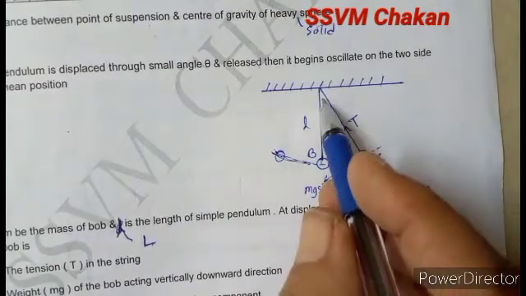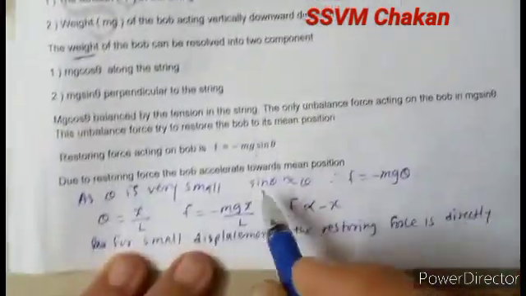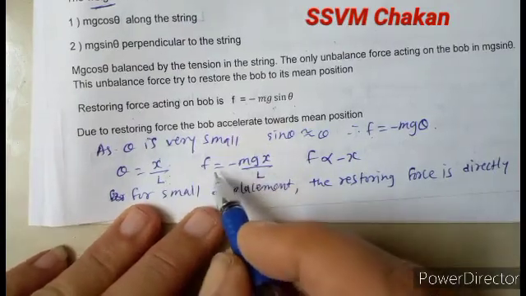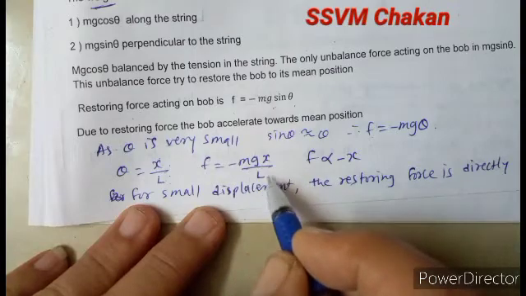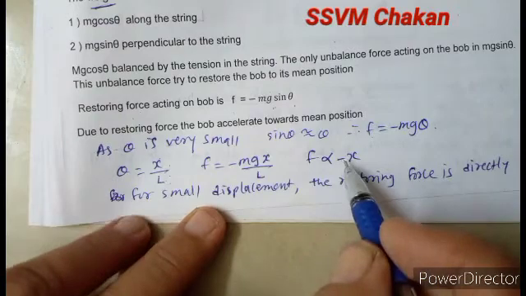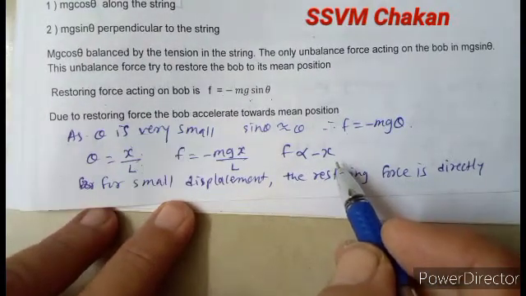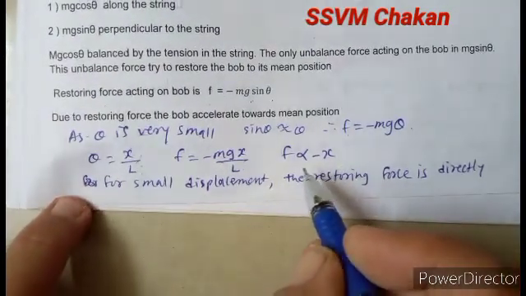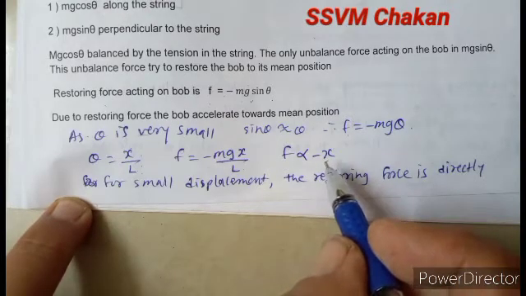Here the radius is the length L. So theta equals x divided by L. Substituting, F equals minus mg x divided by L. Mg and L are constant, so force is proportional to displacement, and that is the condition of simple harmonic motion. Therefore, the bob performs SHM, simple harmonic motion.